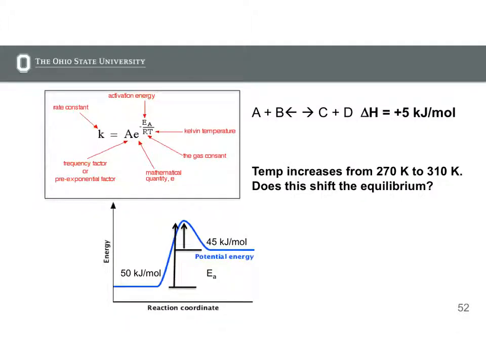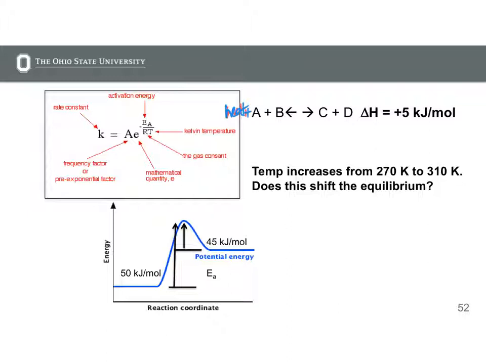Okay, so let's look at the case where we have an endothermic reaction, positive delta H. Since we have a positive delta H, heat is a reactant, so I'm just going to go ahead and add it. We know that if we increase the temperature, this is going to shift our equilibrium in some direction.